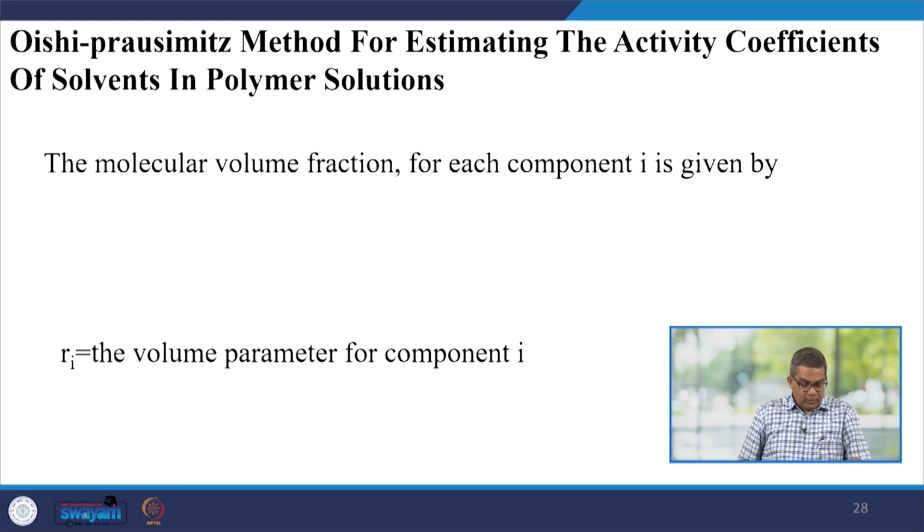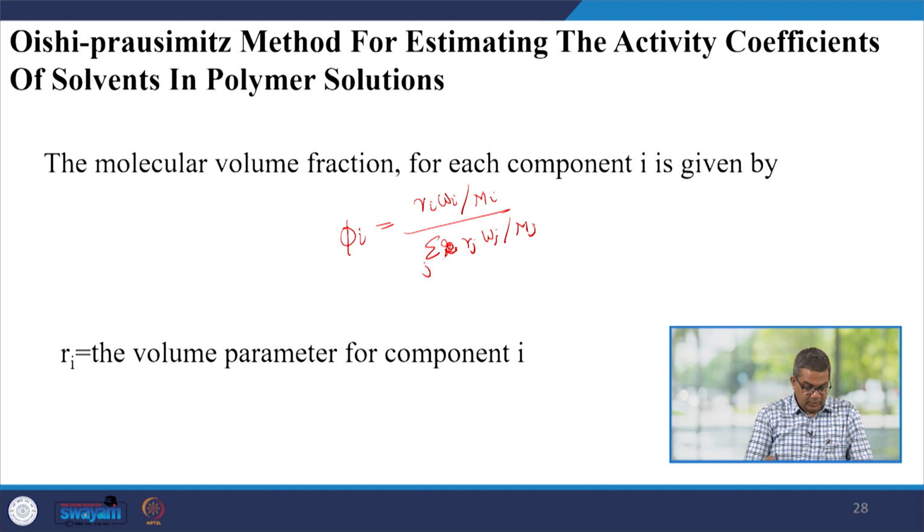The molecular volume fraction for each component I is usually given by phi I is equal to Ri Wi over Mi, over summation j Rj Wj over Mj. So Ri is the volume parameter for component I.